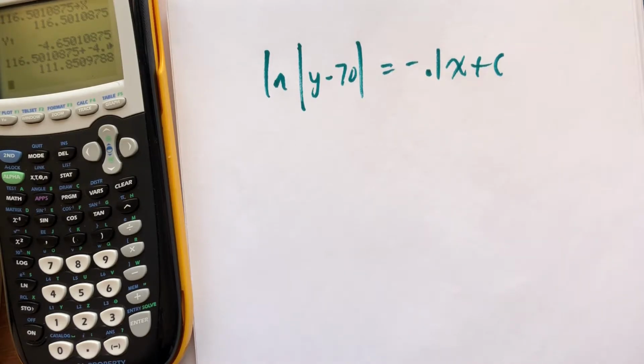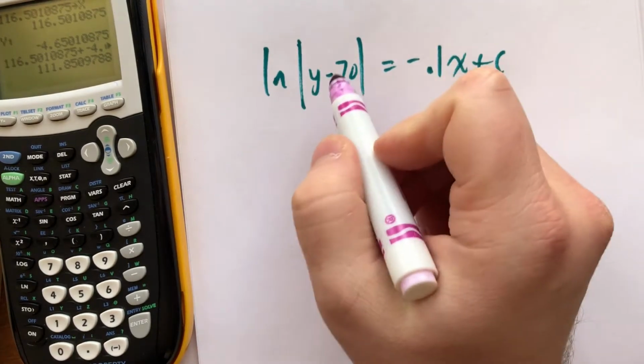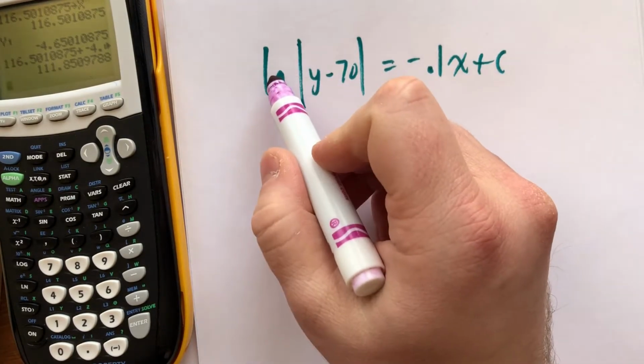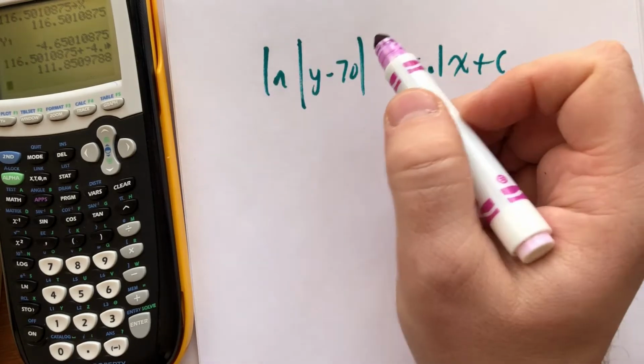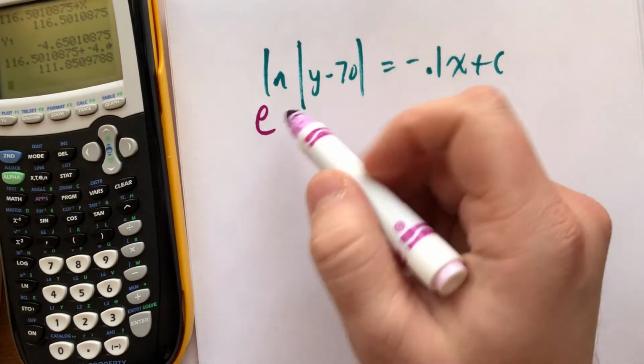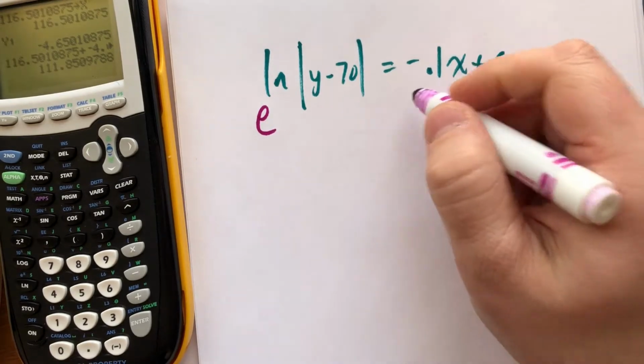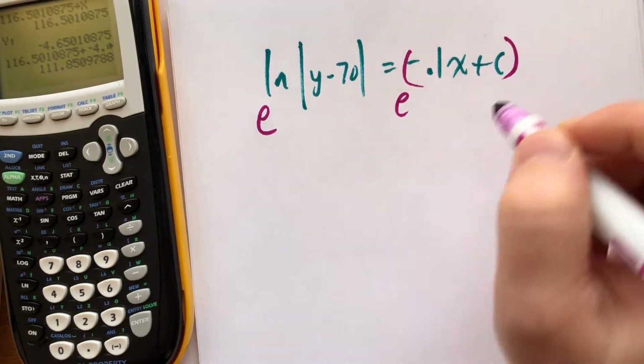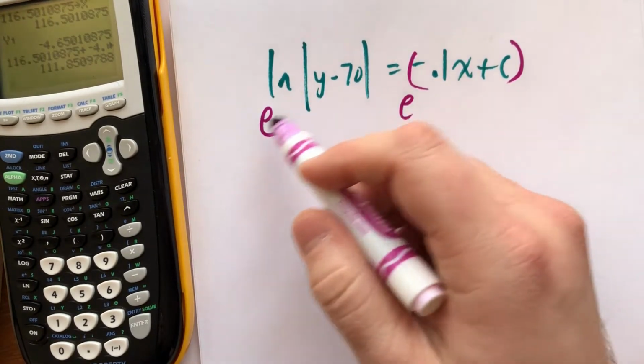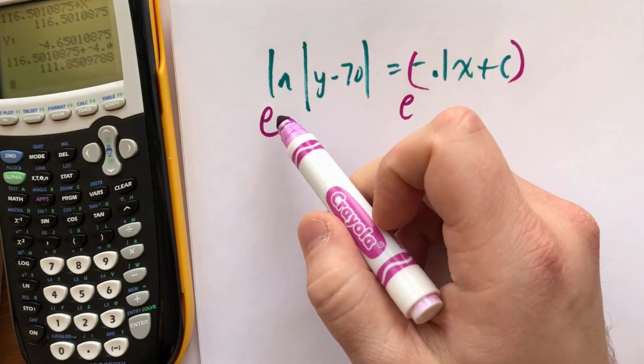It's pretty easy. They always kind of work out the same. I'm going to try to do it slowly so that it makes sense. We want to get y by itself, so I've got to get rid of this ln. The way that we get rid of an ln is we e it. But you can't just e one thing. You've got to e the other side too.